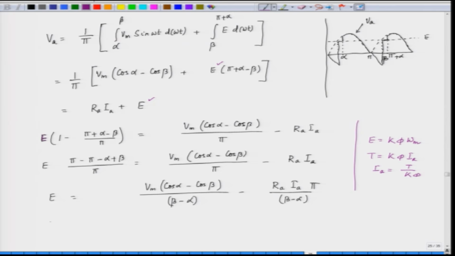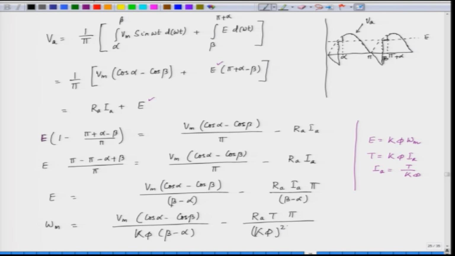So, what we get finally from this equation is omega m equal to Vm into cos alpha minus cos beta by k phi into beta minus alpha, minus R A torque into pi by k phi whole square into beta minus alpha.